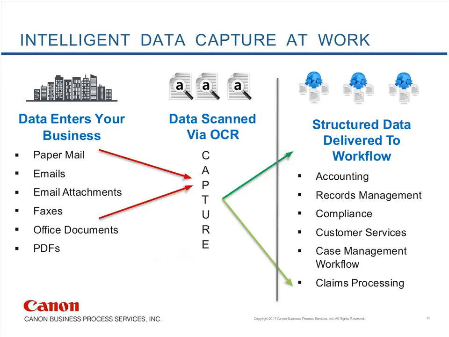So how does it work? Well, at a very high level, here's basically how the process functions. Data comes in, as we've discussed before, in multiple formats and locations. The information is captured using some type of scanning technology, and that's hardware and software.